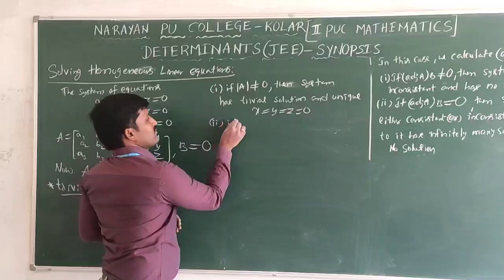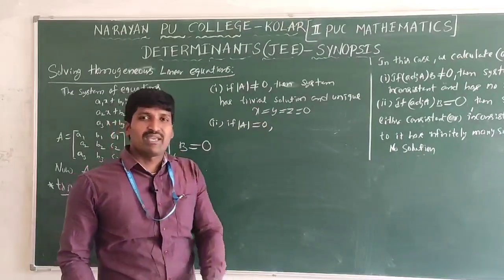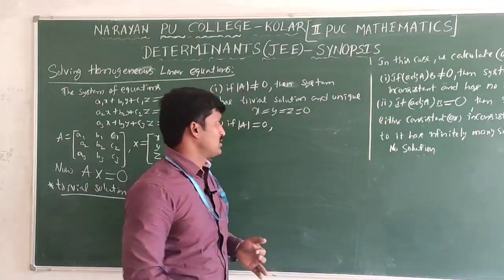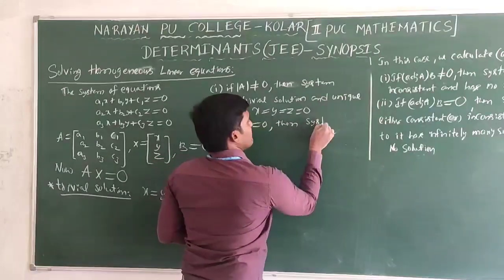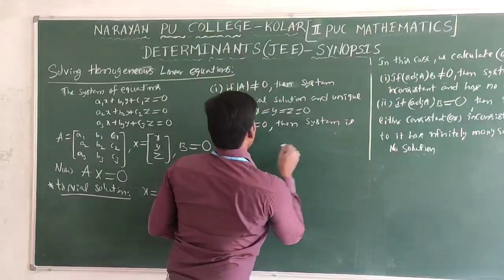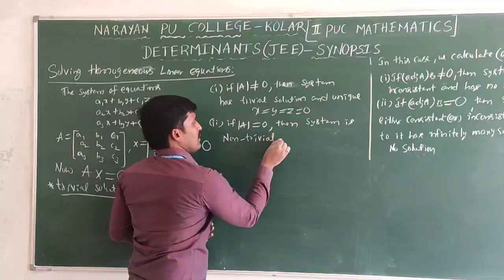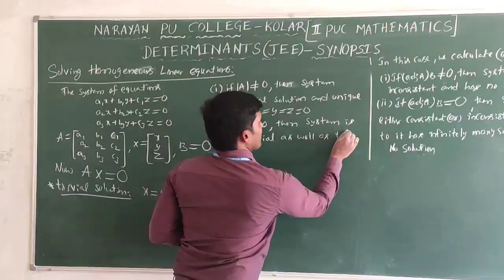Second case, if det A equal to 0, then the system is trivial and non-trivial both.